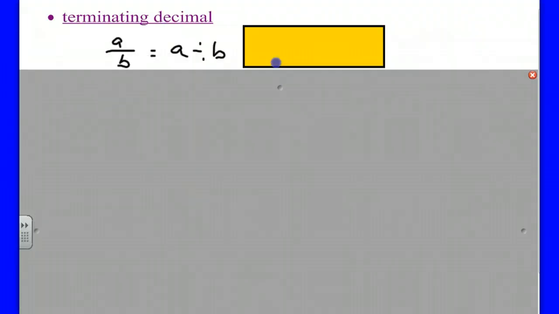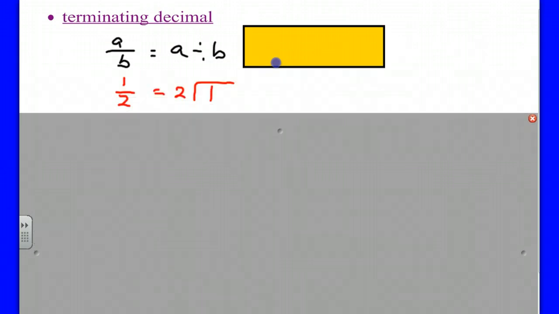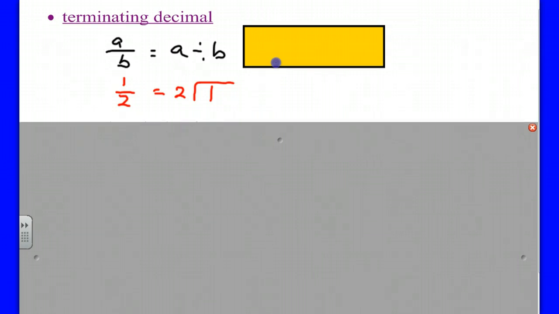So we could divide 2 numbers. An example of 2 numbers we could divide are 1 over 2. 1 divided by 2. Most of us actually know the decimal value for this before we do it, but let's imagine you never knew, so we would go divide the number, right? Can 2 go into 1? So we could say 0 there.